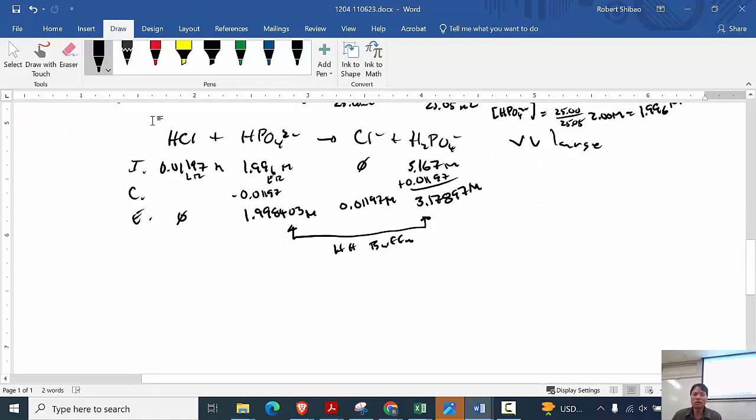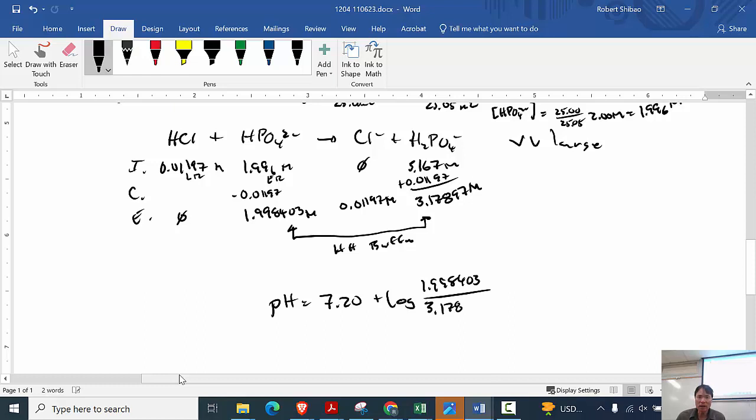Did it change the ratio by much? Let's take a look. If it's an HH buffer, the pH is equal to pKa, the pKa we calculated earlier was 7.20, plus the log of the base, which is HPO4 2-, so this is going to be 1.998403 over the acid. Now the acid is 3.17897.